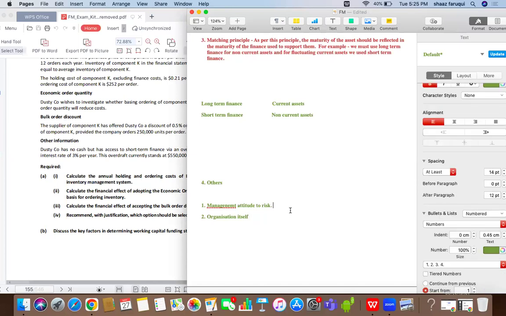For example, a risk seeking management team would not mind an aggressive working capital funding policy.